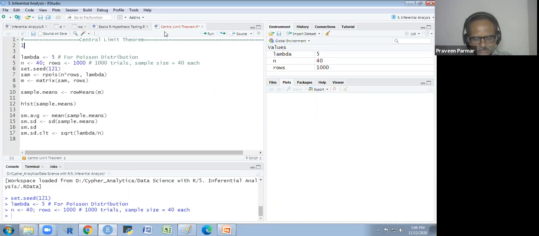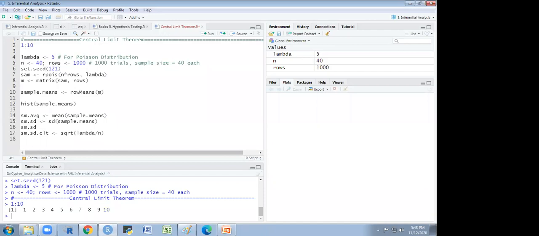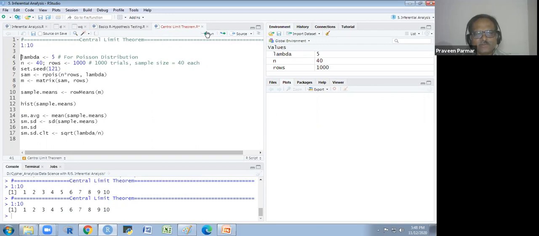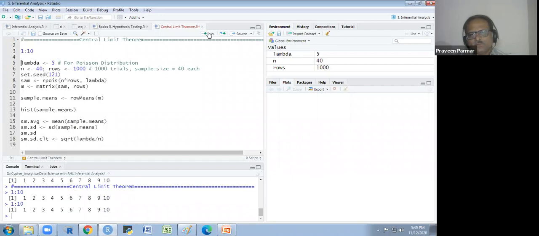If I write 1:10, I will get the integers 1 to 10. Getting it? Yes, sir. So whenever I run it, I will get the same sequence. Whenever I run it, I am getting 1 to 10. Got it?